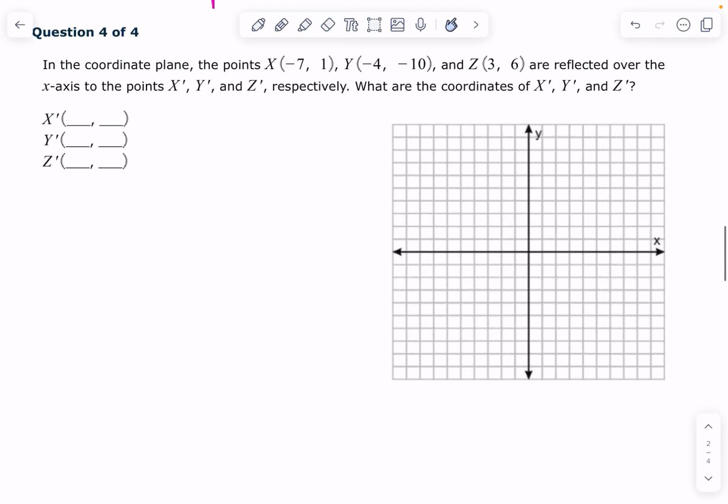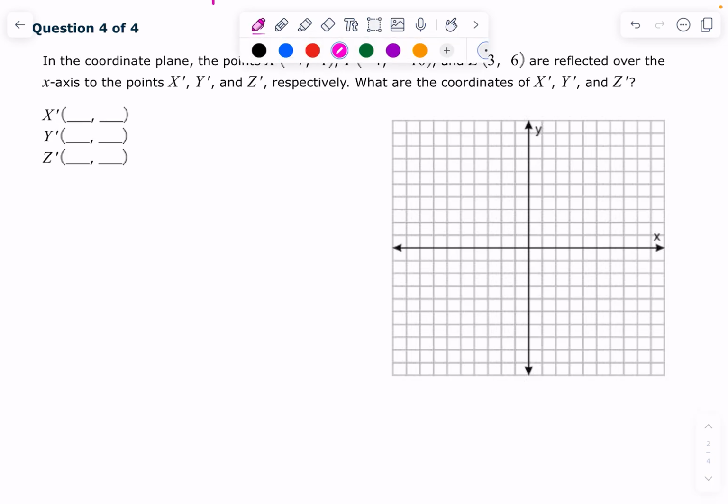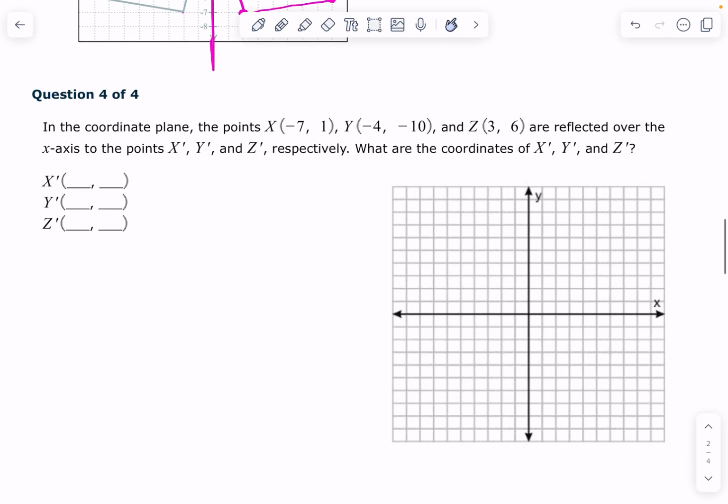Okay, and then the last question that you'll see on this type of quiz is asking you to reflect some points. So it says, in the coordinate plane, the points X (-7, 1), Y (-4, -10), and Z (3, 6) are reflected over the x-axis. So there's 2 different ways that we can do this.